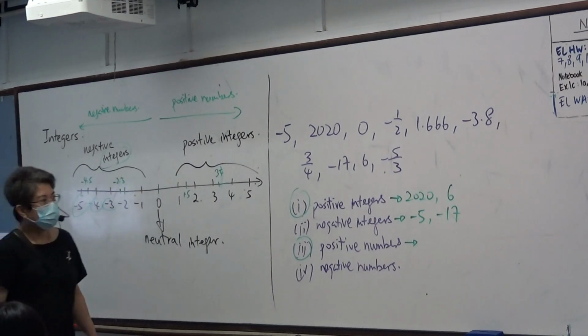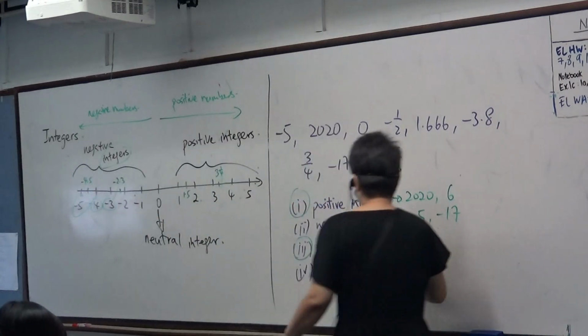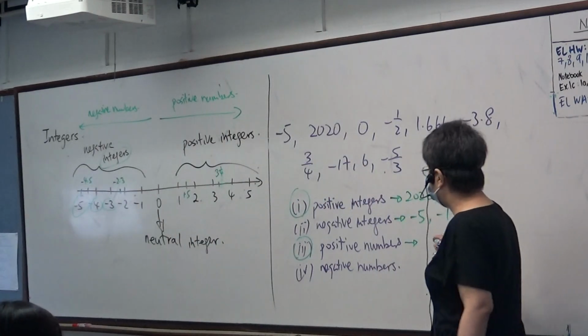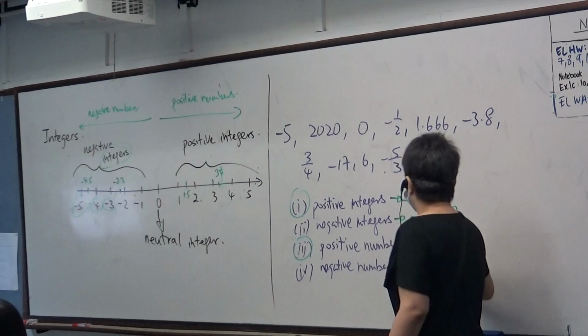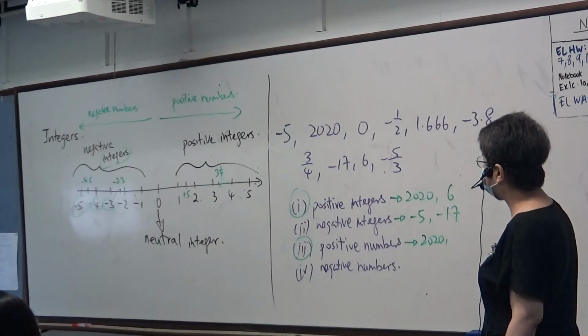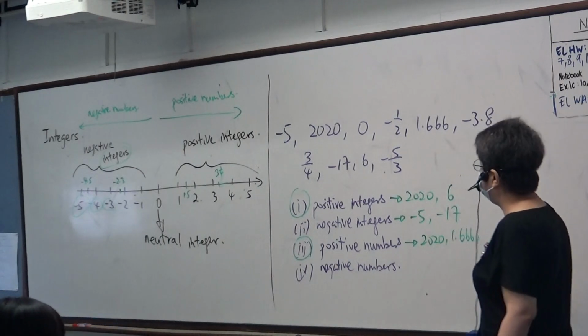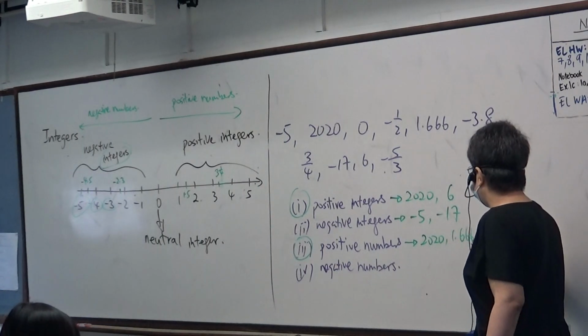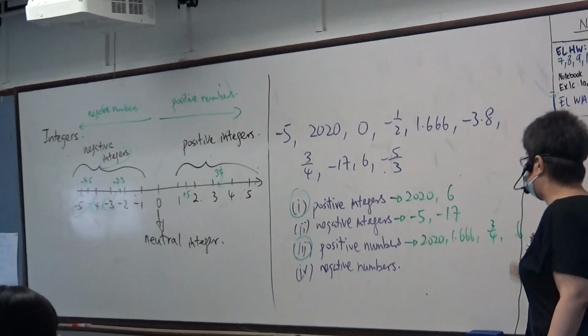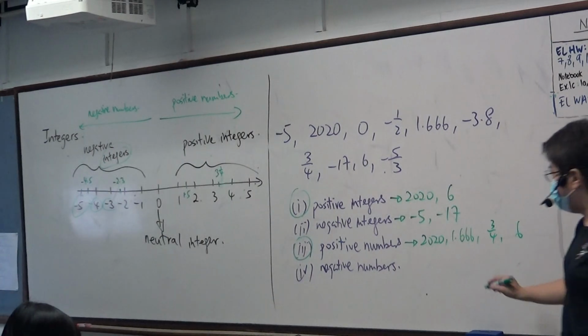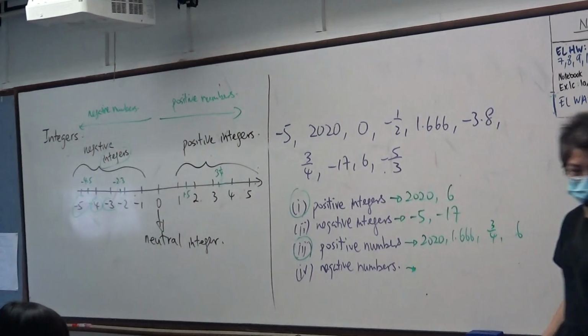Now, let's take a look here. Positive numbers. We start from that. Where? 20, followed by 1.666, followed by 3 quarter. Very good. Followed by 6. Everybody okay? Alright, do the last one. Negative numbers. What are they?